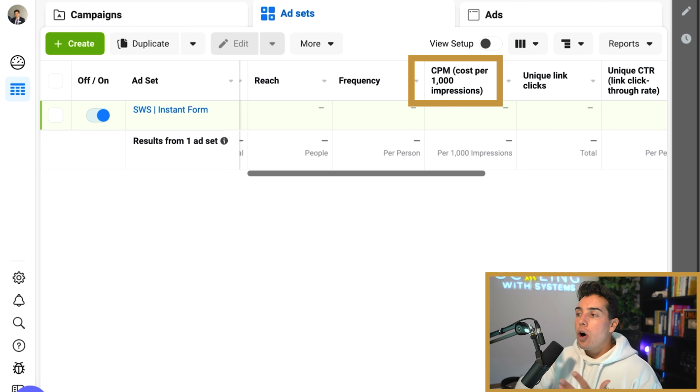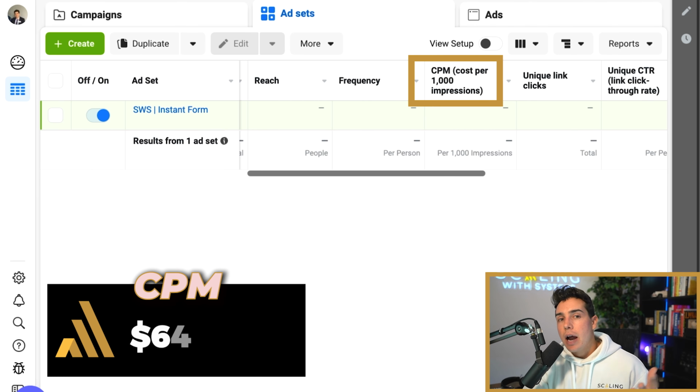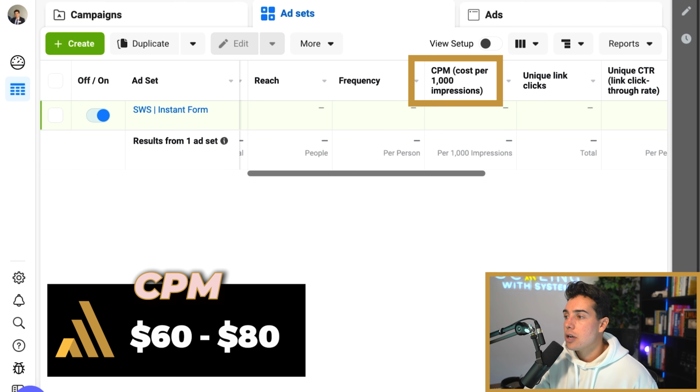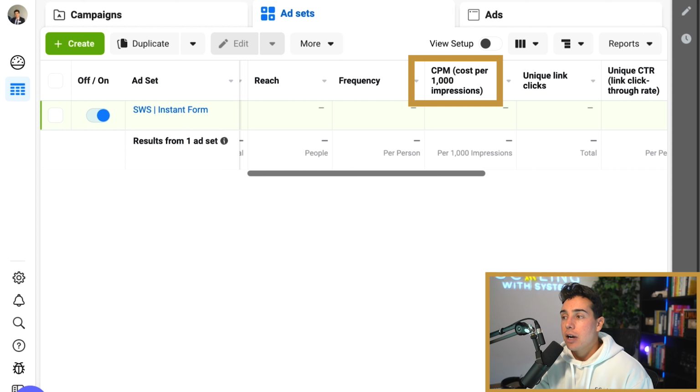To give you an example, our typical cost per 1,000 impressions, CPM, is around $60 to $80, where I have seen our clients who run much broader offers have cost per impressions around $10 to $15. It's important to know this number because if you know that your cost per impression is $60, and we know that our typical click-through rate is 1%, then we know that in order to get a click, it's going to be around $6 to $10 in order to actually get that person to click on the ad.